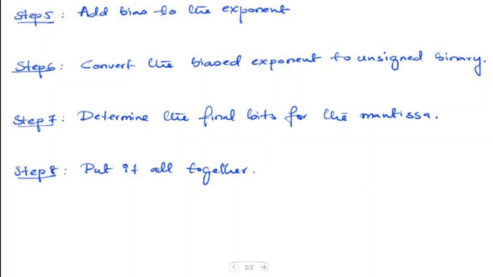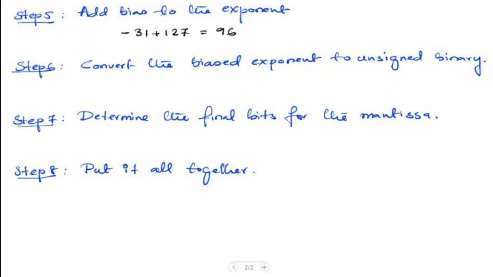Okay, now in step 5 we add the bias to the exponent. Our exponent that we got just now was -31, and adding 127 to it gives us 96 as the exponent. Then we convert the biased exponent to unsigned binary.